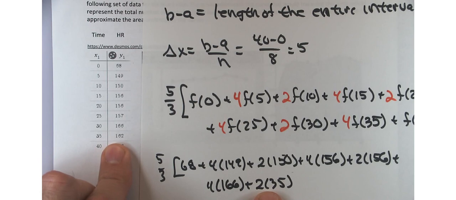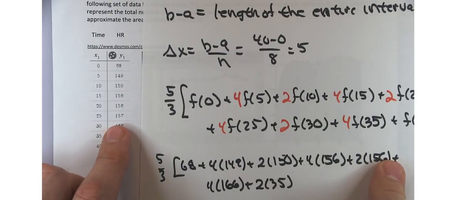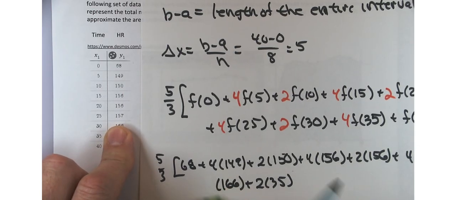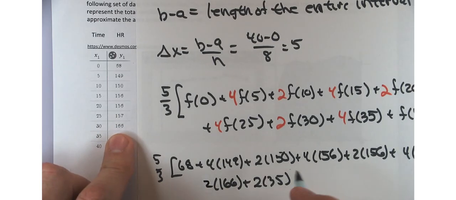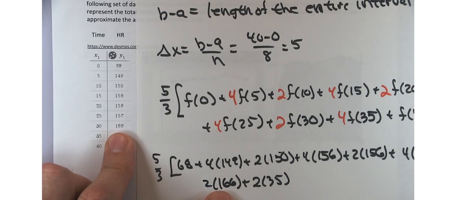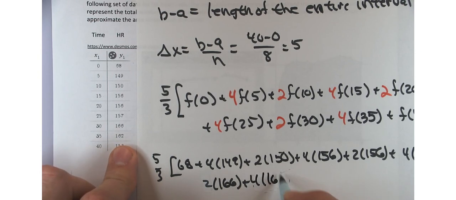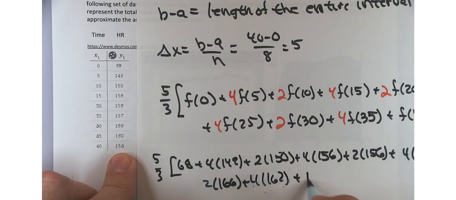Something I must have skipped something. 2 times 156. Oh, I skipped the 157. There we go. So it'd be 4 times 157, 2 times 166, and then 4 times 162, and finally 153.